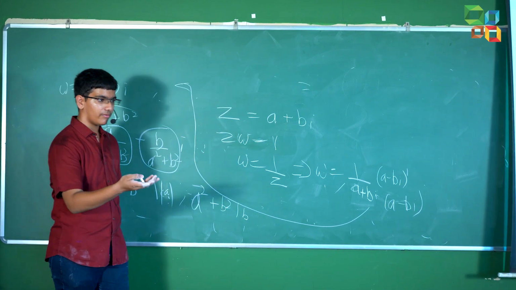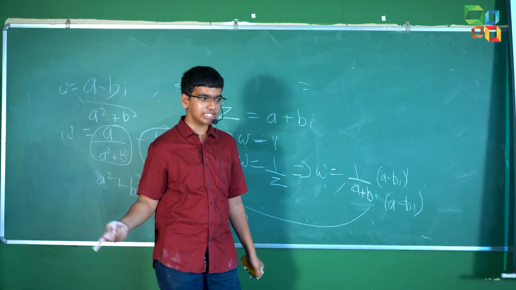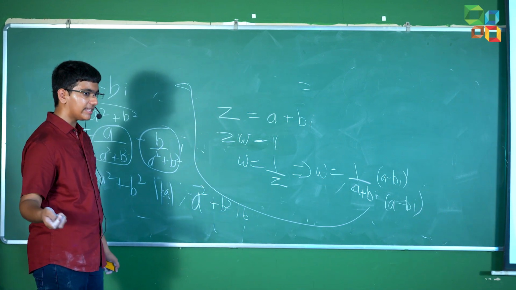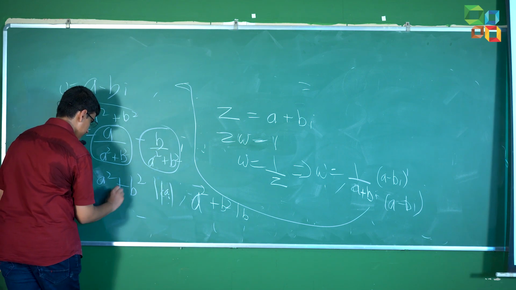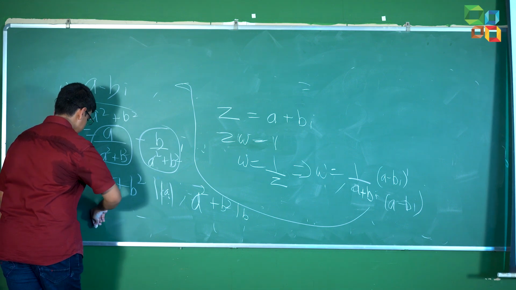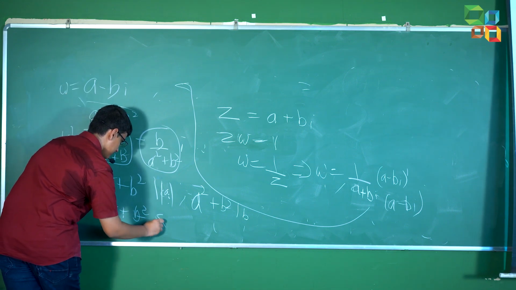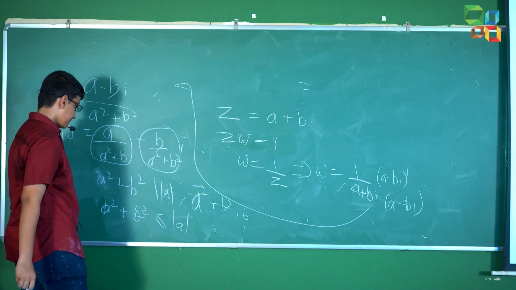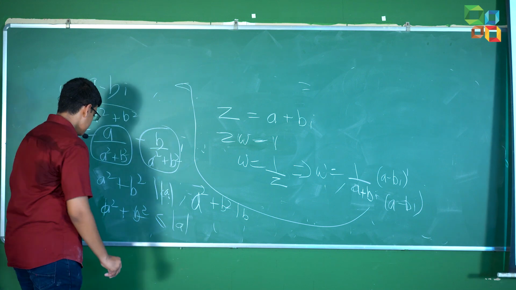It can be less when it's 0. 2 into 0 is 0. Except for that, everything. So, you get a squared plus b squared is less than or equal to mod a, right? And similarly, you get a squared plus b squared is less than or equal to mod b.